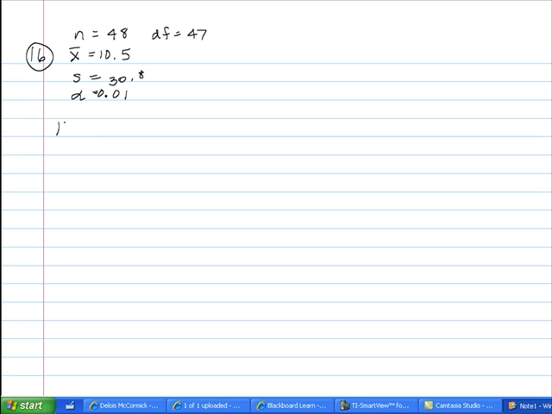Okay. So now we need the value of our test statistic. So we want to take our 10.5 minus the 12 times the square root of 48 over 30.8.